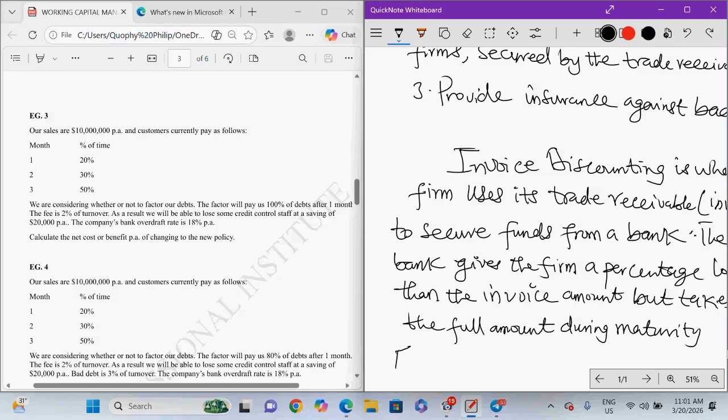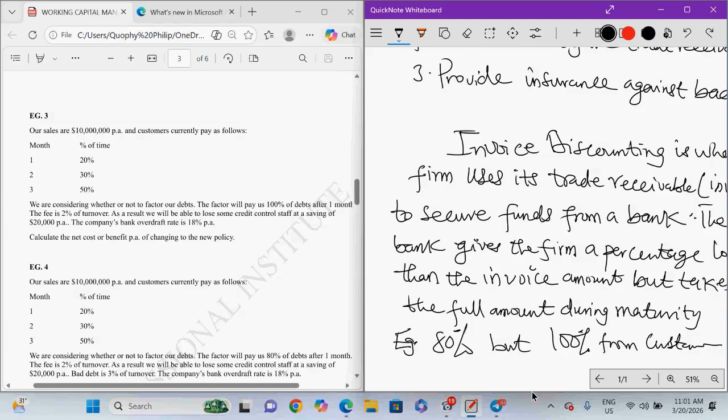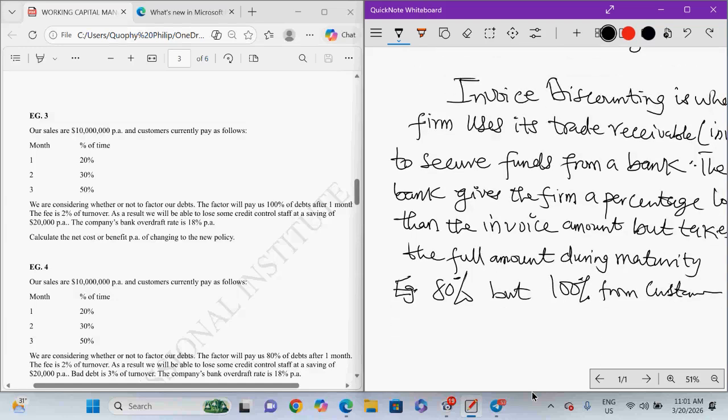For example, they will give you 80%, and then when the receivable matures and it's time for the customer to pay, they will take the 100% from the customer. So that is the difference between debt factoring and invoice discounting.